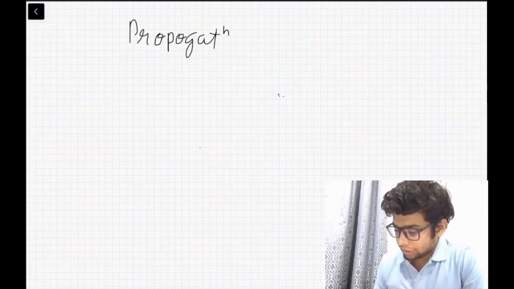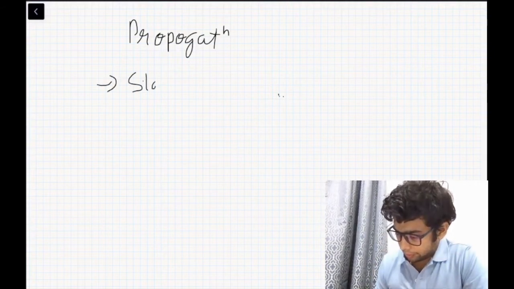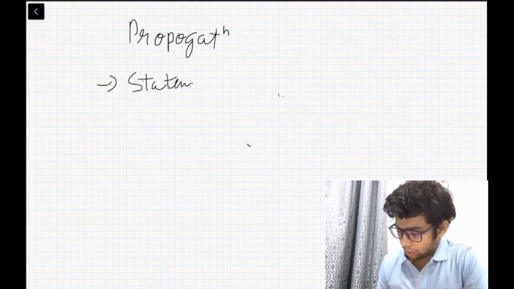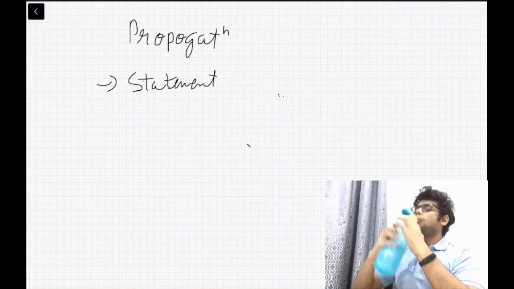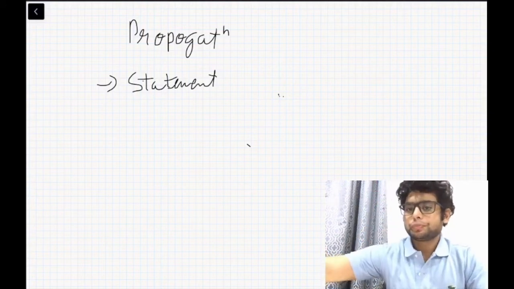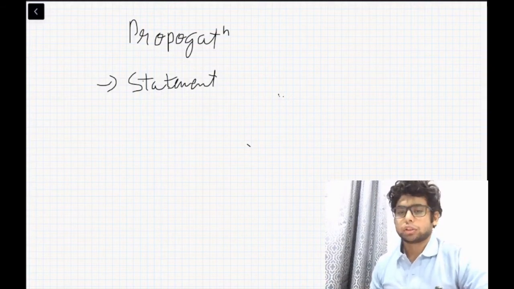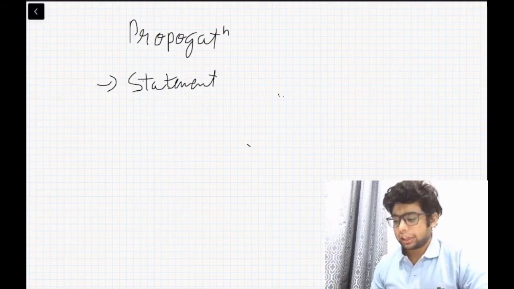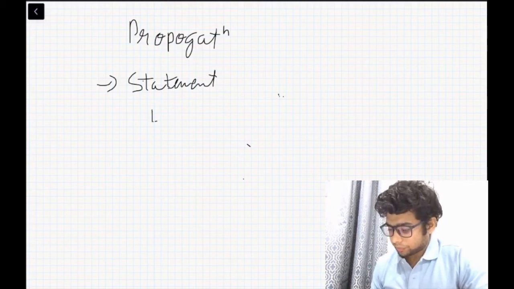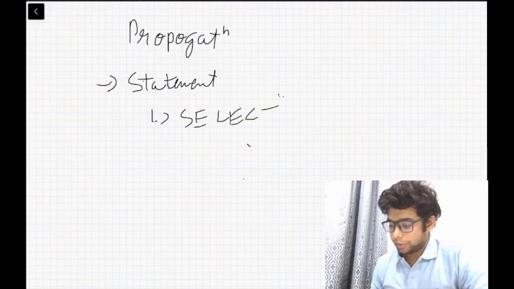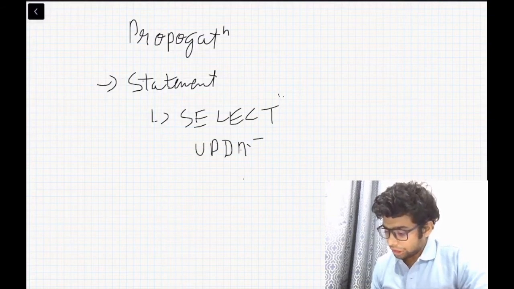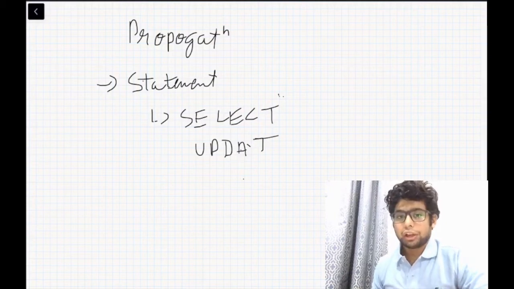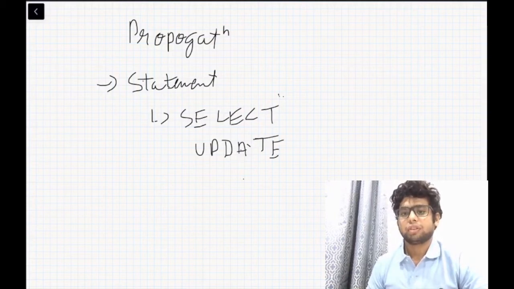One is statement based. What happens in statement based is that if someone does, let's say, an insert or update query, then these queries are directly redirected to a slave machine.